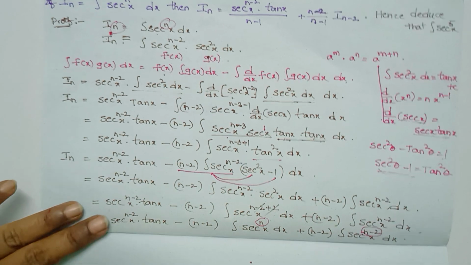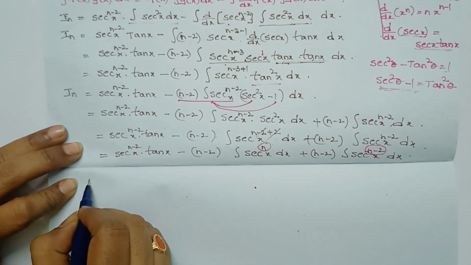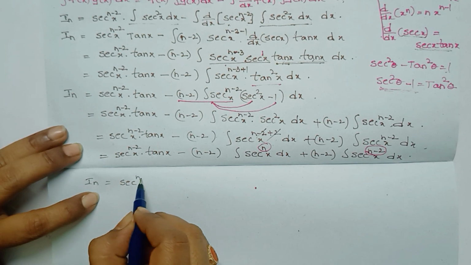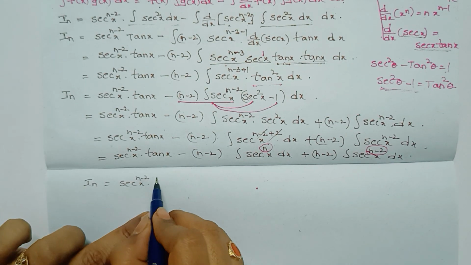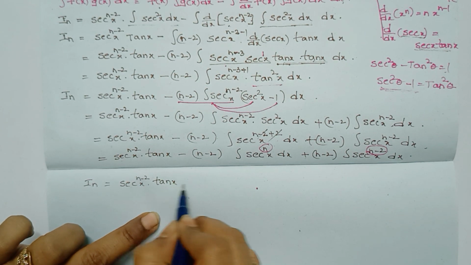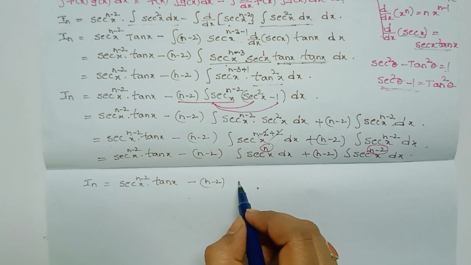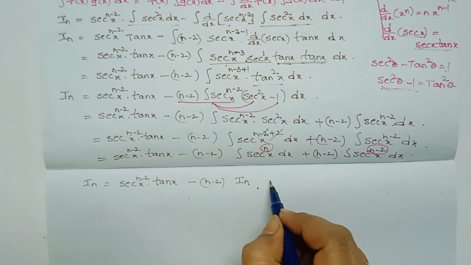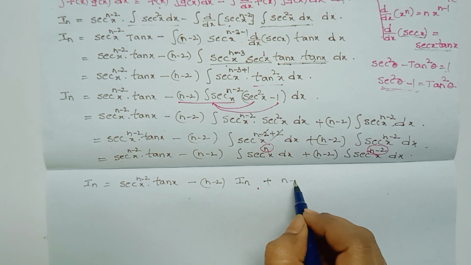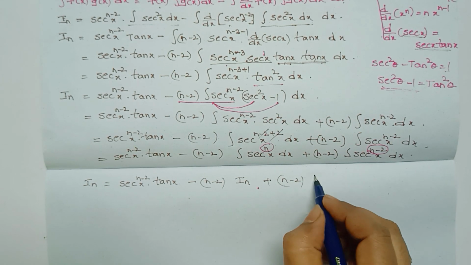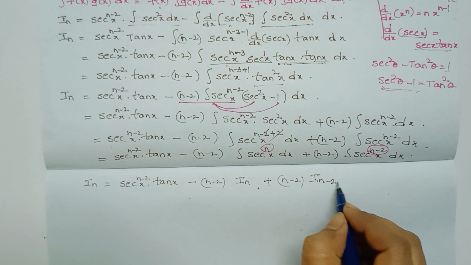నెక్స్ట్ స్టెప్లో అది చేద్దాం. Okay, that is In is equal to secant power n minus 2x into tan x minus n minus 2 into, this is secant power n, so In, plus n minus 2 into secant power n minus 2, so this is In minus 2.